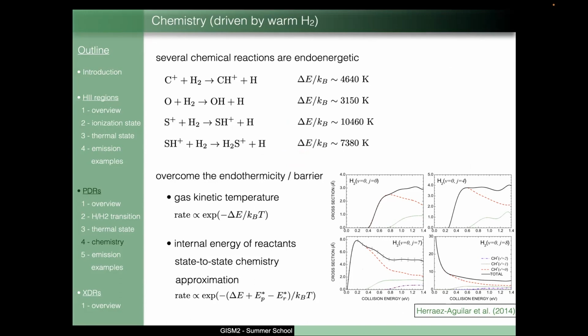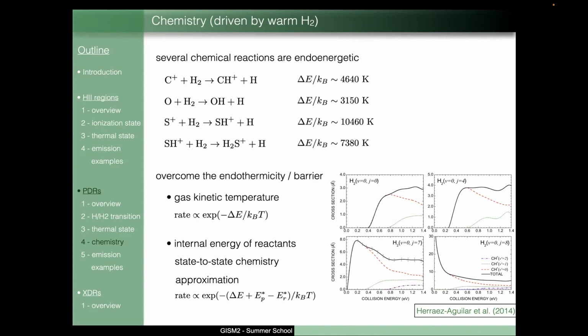And in PDRs, a very important aspect of the physics is that you have two ways to overcome the endothermicity or the activation barrier of an endoenergetic reaction. Either you do it through thermal collisions, okay, so the endoenergeticity of a reaction is overcome by, let's say, the thermal energy of the gas, in which case your rate is written like this.